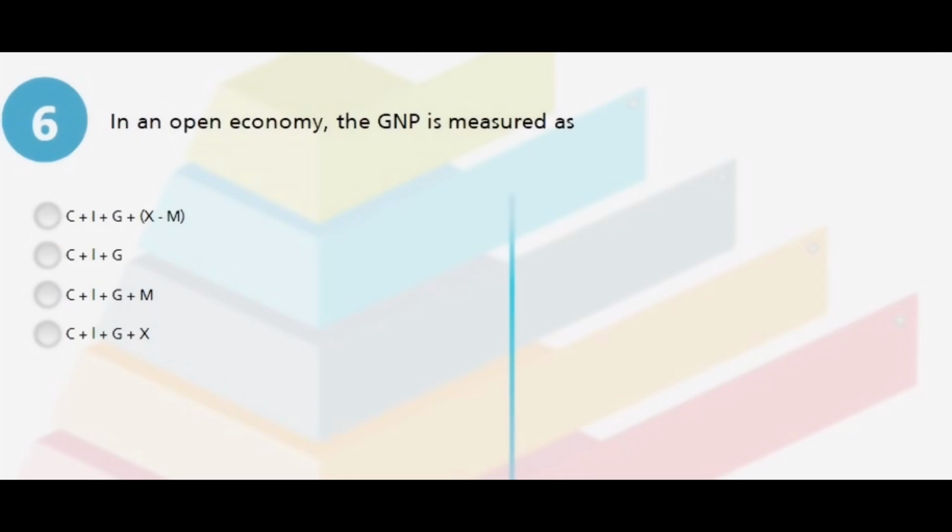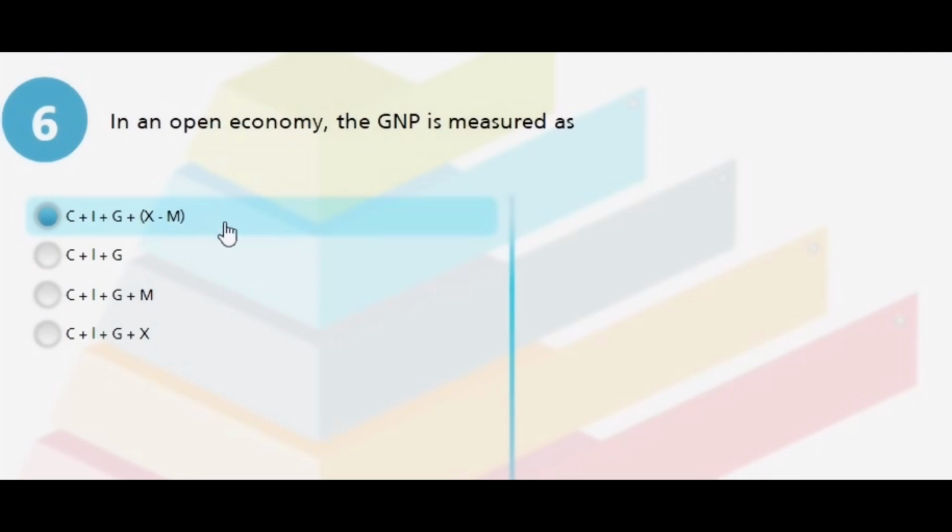In an open economy, the GNP is measured as what? Now, this GNP stands for Gross National Product, and is measured as C plus I plus G plus bracket X minus M. So the right answer is going to be A. Now, in an open economy, national income is calculated by incorporating export and import, and that's what we have in this first formula here.